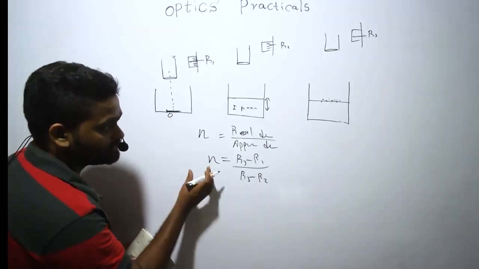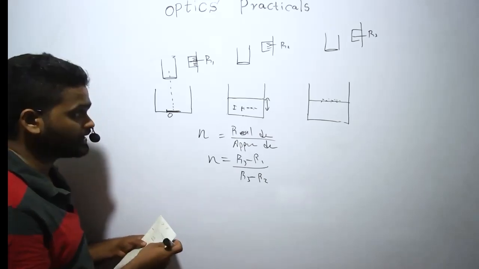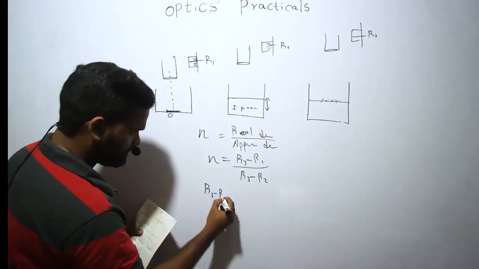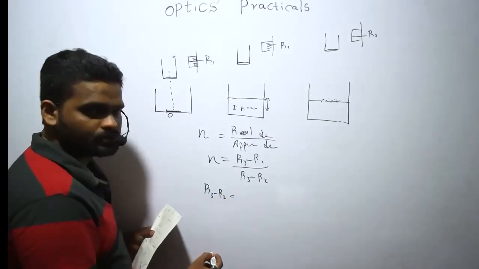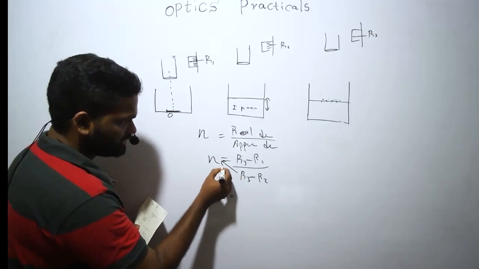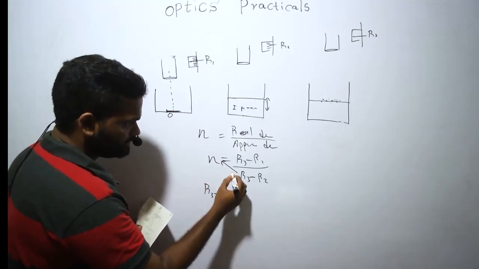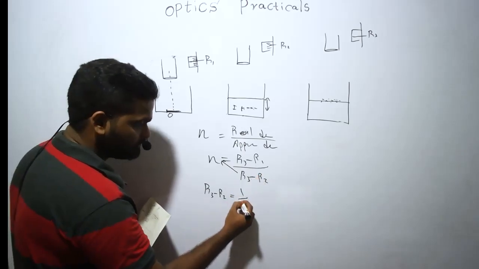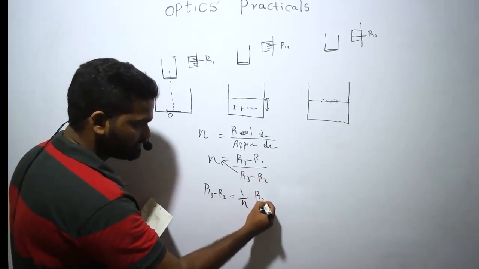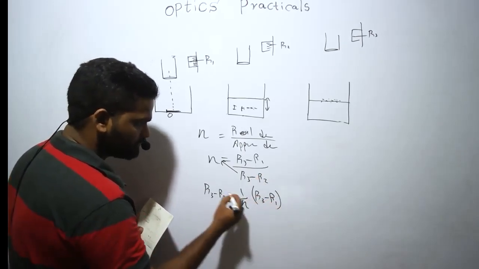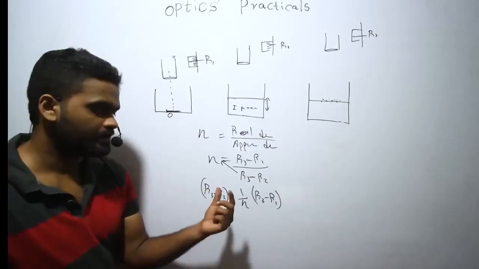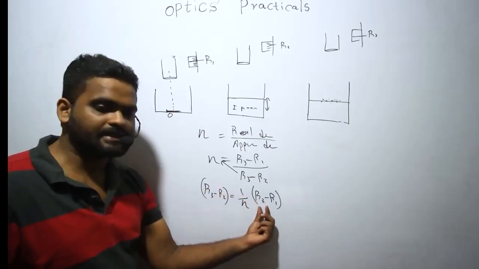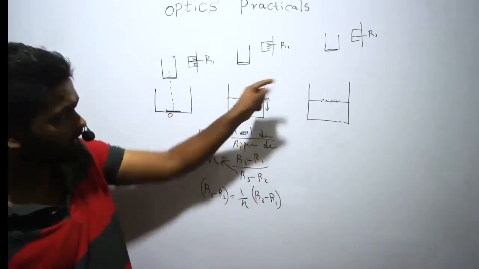Just take this to the other side, R3 minus R2. So R3 minus R2, cross multiply, right? To take this to this side, put n to the other side. Then 1 over n, R3 minus R1. So R3 minus R1, what is that?